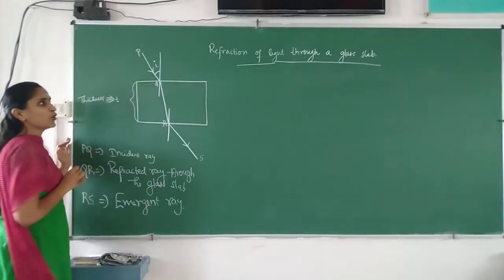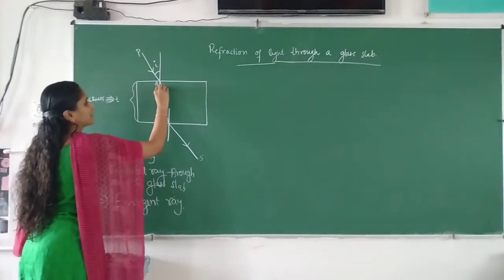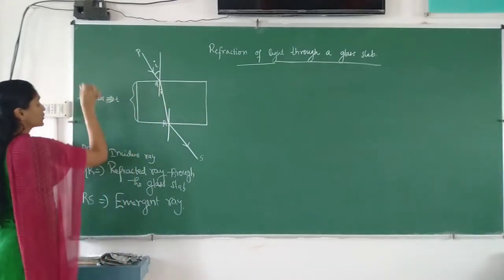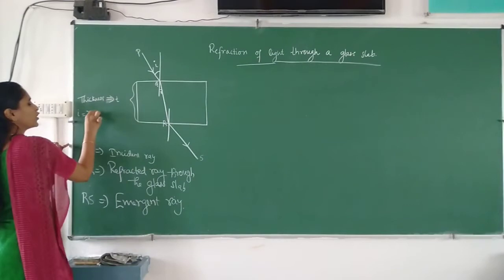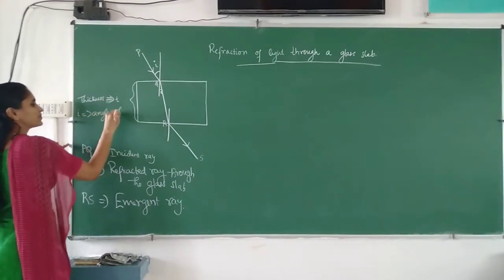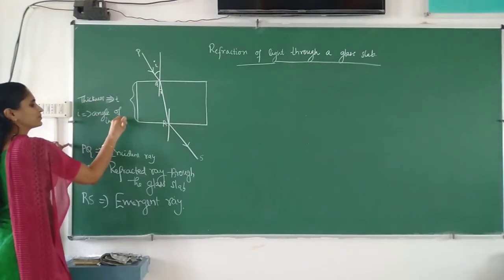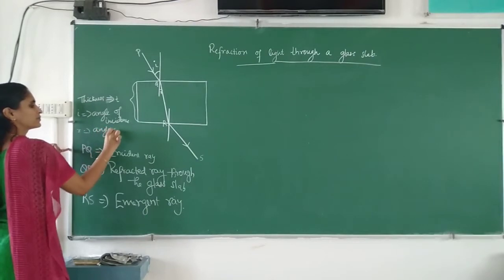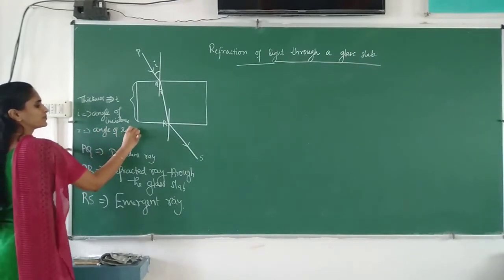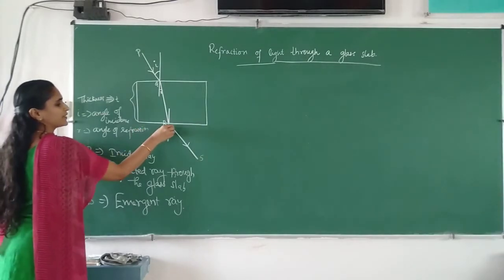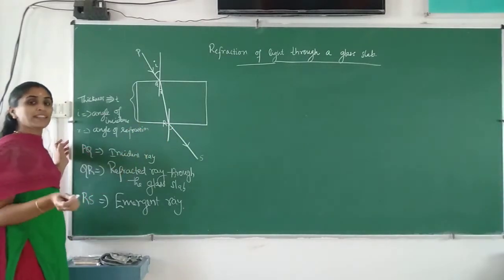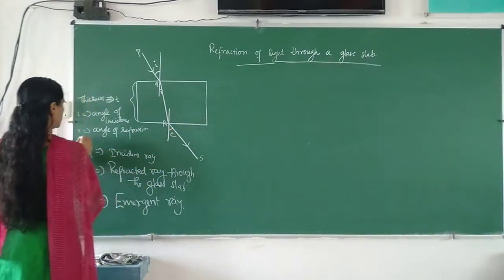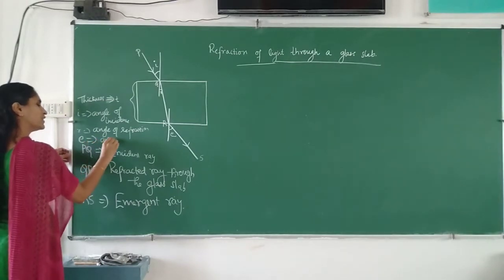I is the angle of incidence, and this is the angle of refraction, which we write as R. And the angle made by the emergent ray with the normal we call the angle of emergence, E.